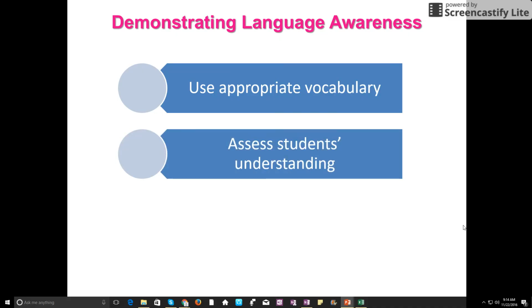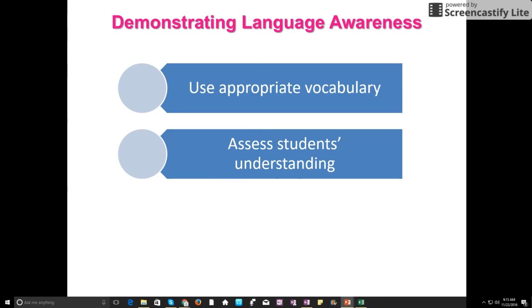The next part of demonstrating language awareness is to assess the student's understanding. And I think the most important part of this is not to assume we know what the students know. So don't assume that because the vocabulary is on the slide, they know what that vocabulary means.